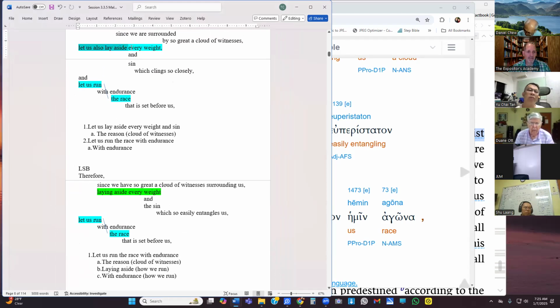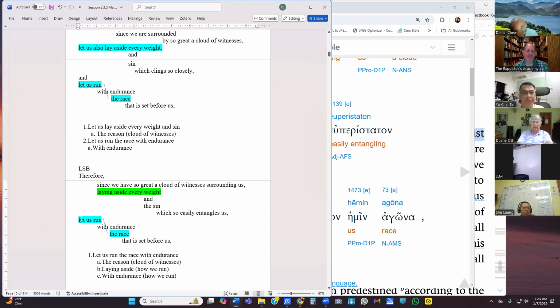Again, by translating it as a regular verb, let us lay aside, as a command, as first command, and then the second one's let us run. That seems to then show, okay, the author's giving us two main ideas here, two actions to carry out. But if we recognize it's a participle, laying aside, then that's not a main action.